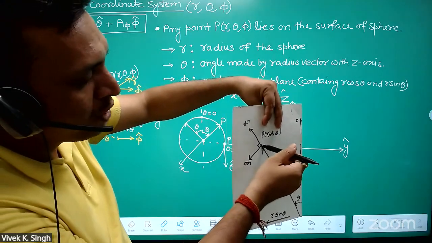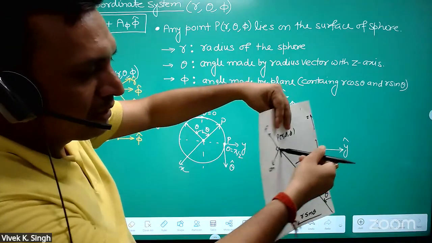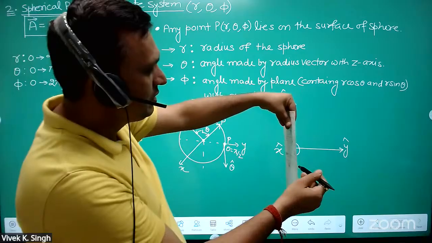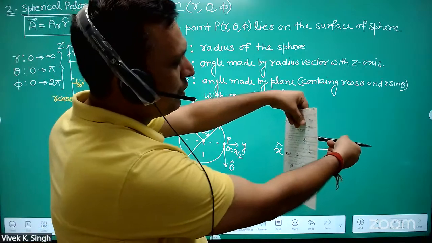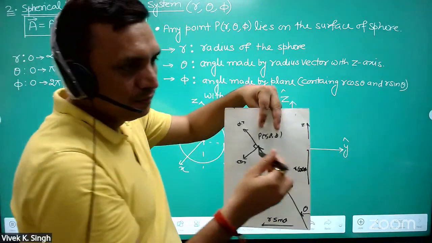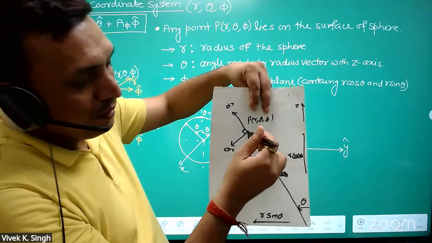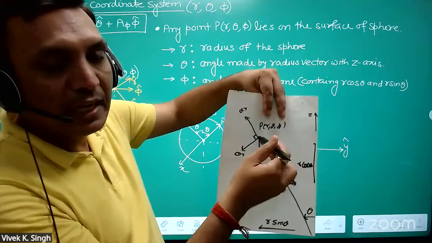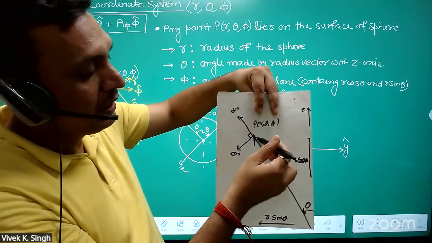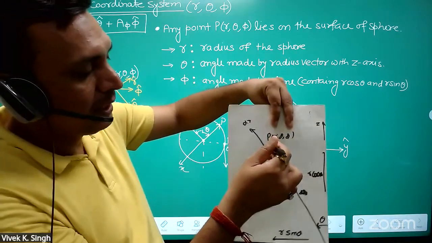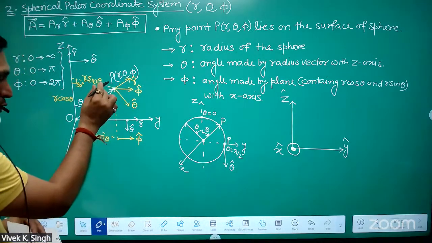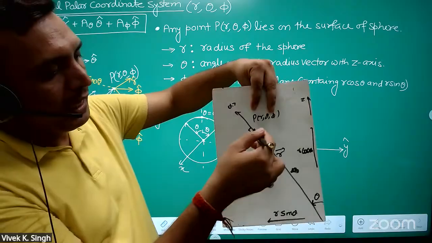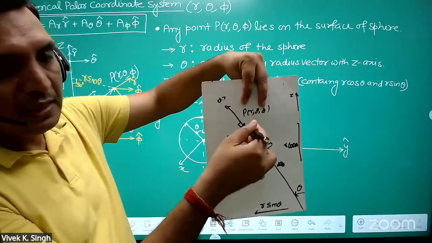If you move this plane in the phi cap direction, just see, phi is increasing, because this is zero angle, this is phi 0. So r cap, theta cap, phi cap are perpendicular to each other, just like x cap, y cap, z cap. And if you visualize it, r cap, theta cap, phi cap will look like this. Is it clear?